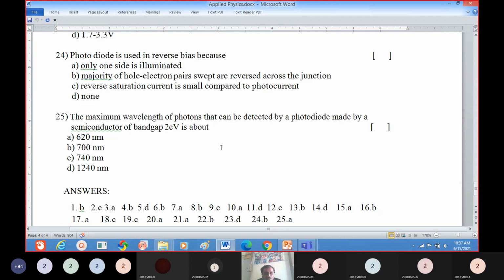The hc value is 12,400 electron volt angstrom, or 1240 nanometer. So lambda is 1240 by 2, and the answer will be 620 nanometer. Option A is the right answer.